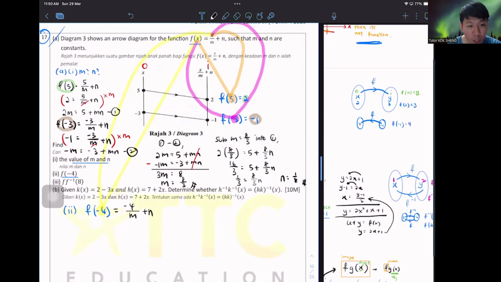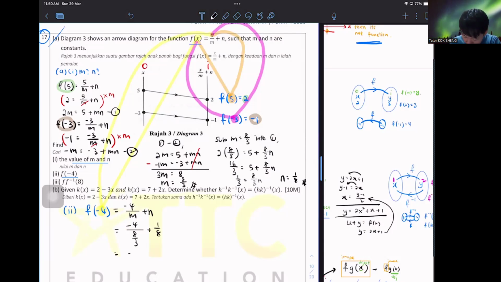Since we already found the answer for m and n, we can substitute. If not, you're going to be stuck here and cannot find the answer. M is 8 over 3, n is 1 over 8. Easy. Negative 4 divided by 8 over 3 plus 1 over 8.